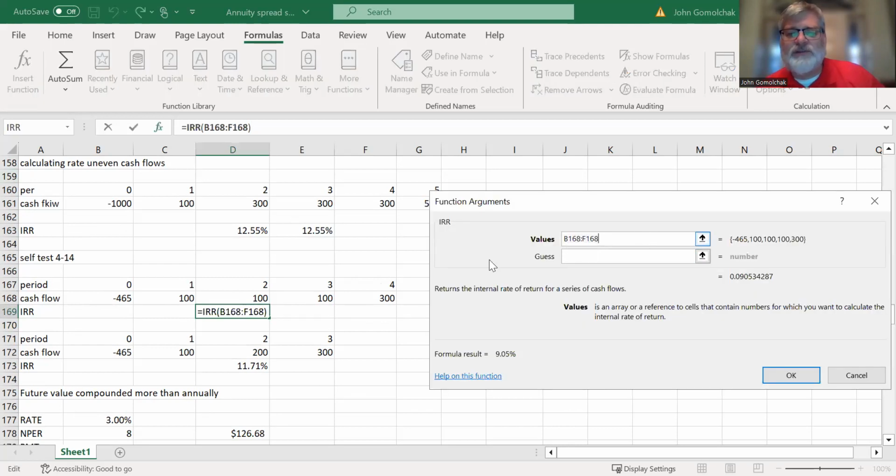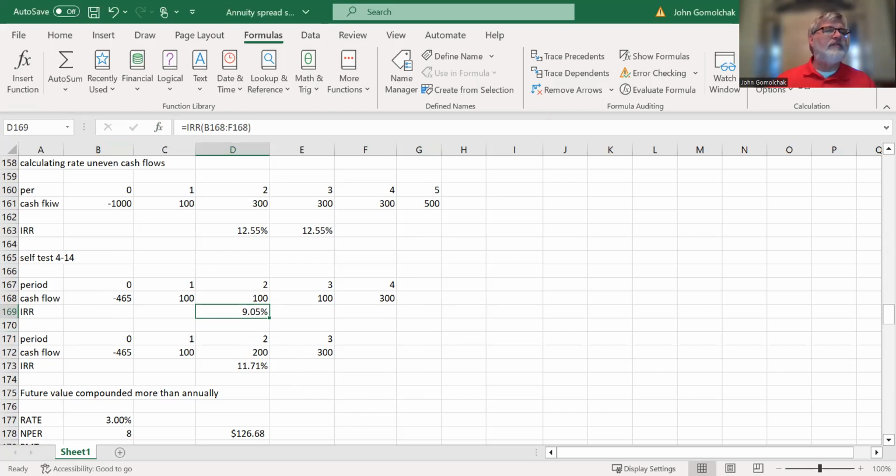Basically, all I'm doing here is saying that I want the computer to look at B168 through F168. It equals 9.05, exactly what the book says this should be. Another question, investment cost $465, there it is.